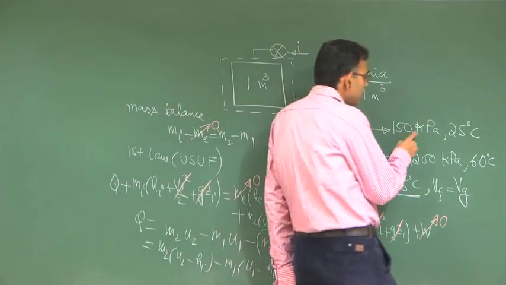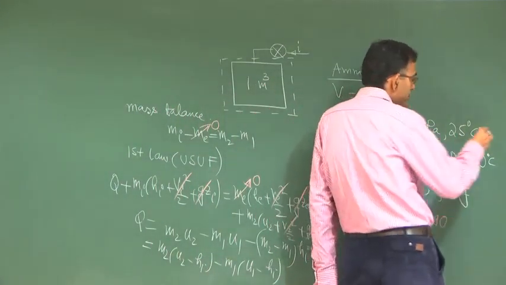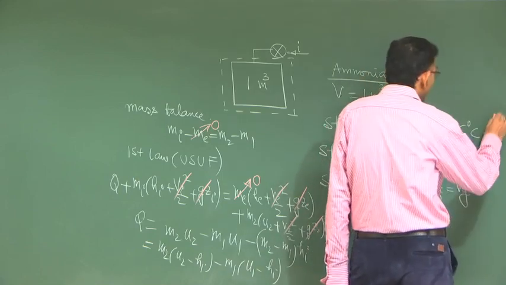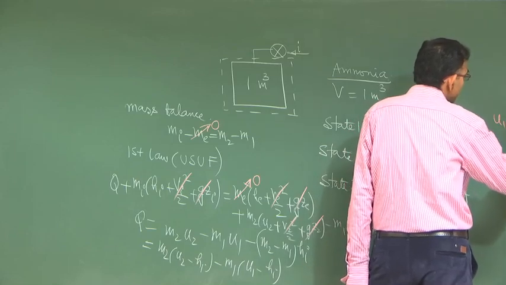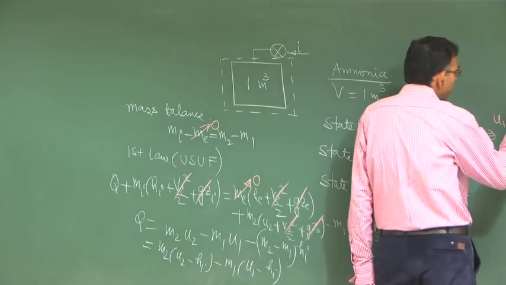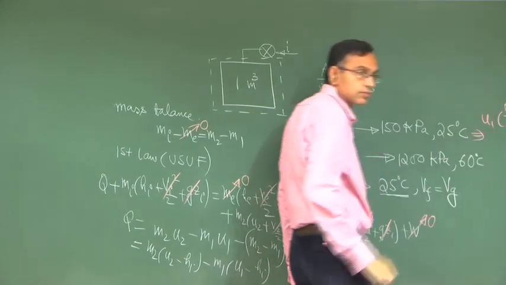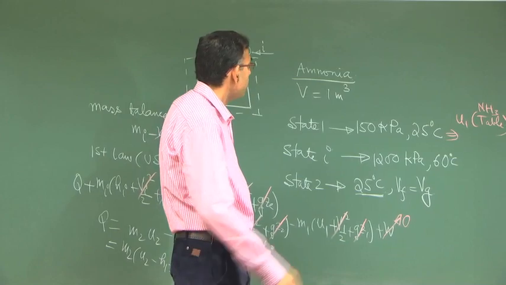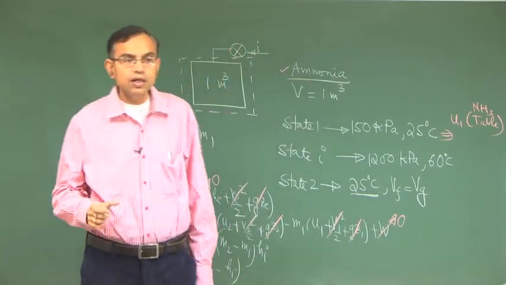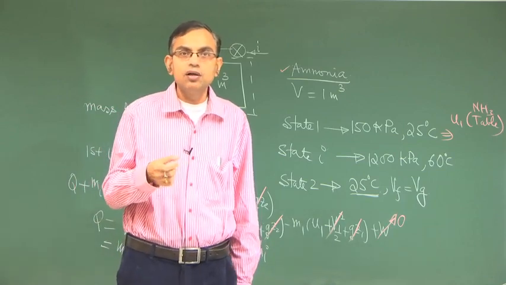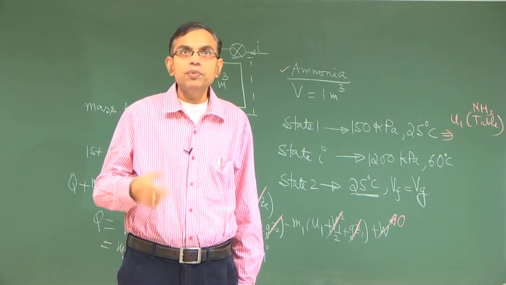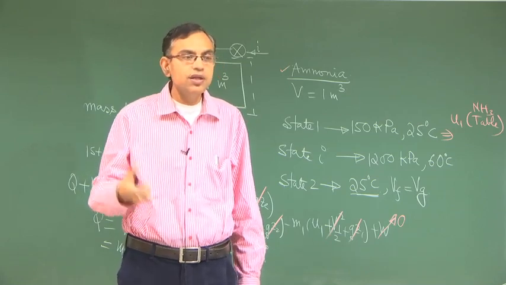At state 1, temperature and pressure both are given. So, from here you can find out what is required at state 1: U1 from the ammonia table. The fluid is ammonia. This is again a very common tendency, because most of the time you are working with water, you have a tendency to jump into the steam table, although the fluid is not water.